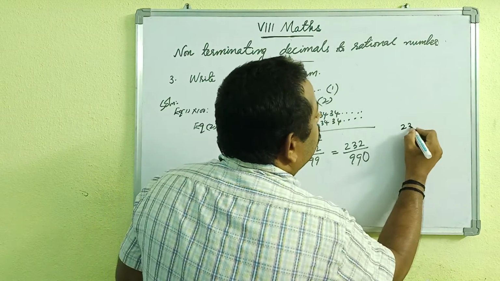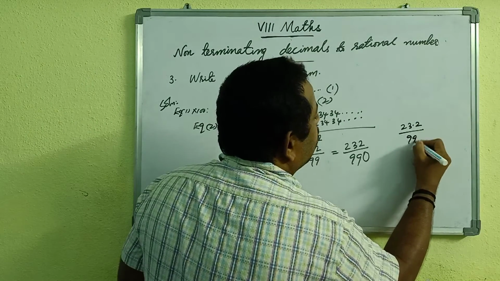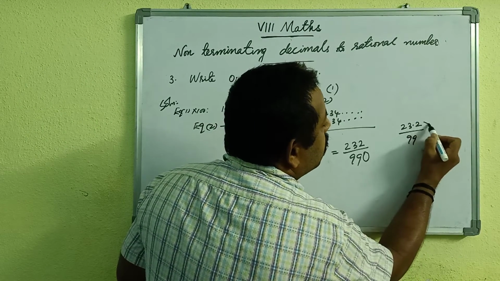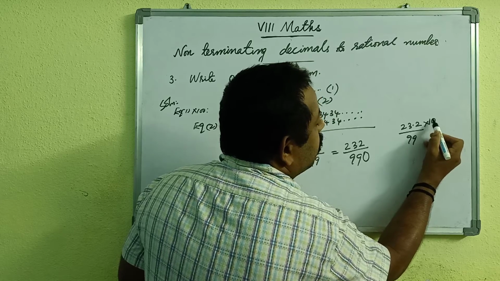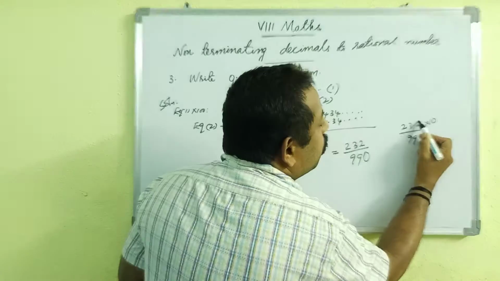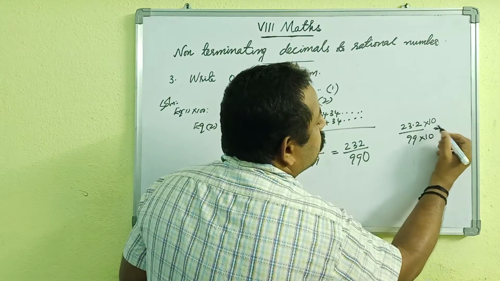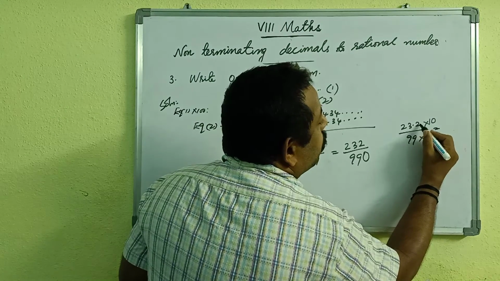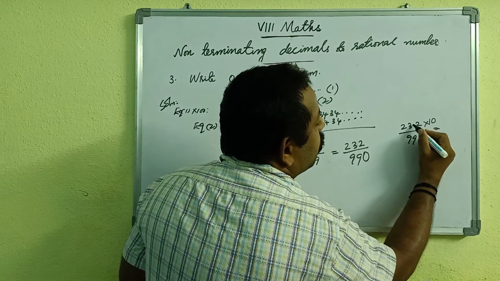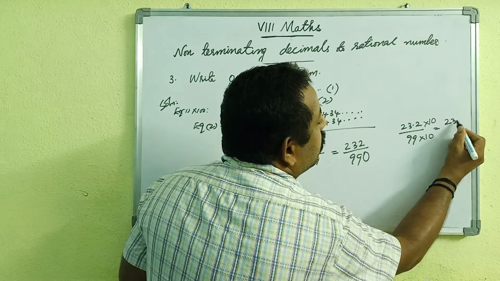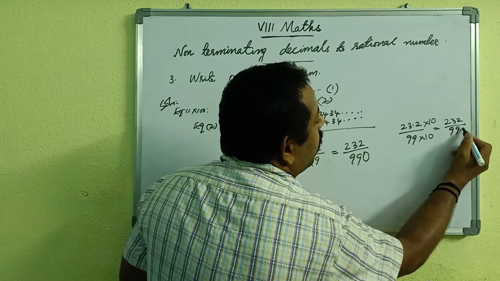Ultimately 23.2 by 99. As we have one decimal place here, we multiplied by 10, that is 1 0, to remove this point. So this 10 you have multiplied to the denominator also. When we multiply 23.2 by 10, the point will go after one number: 232 divided by 990.